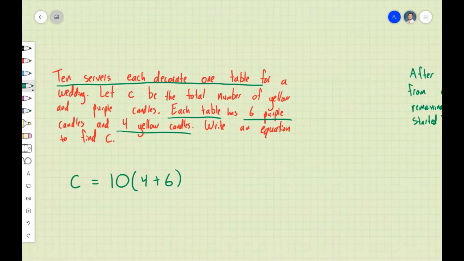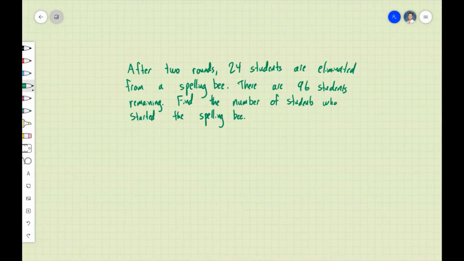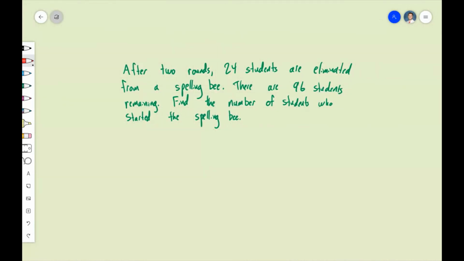Let's look at one more example here. This one says, after 2 rounds, 24 students are eliminated from a spelling bee. There are 96 students remaining. Find the number of students who started the spelling bee. So for this, let's give ourselves a variable to represent the number of students who started the spelling bee. Let's use S for students.